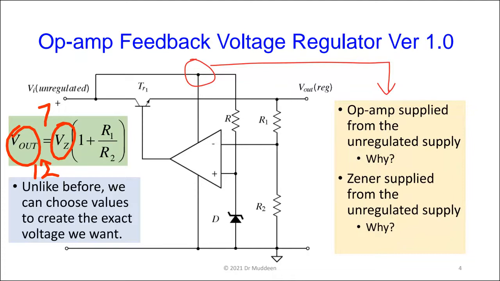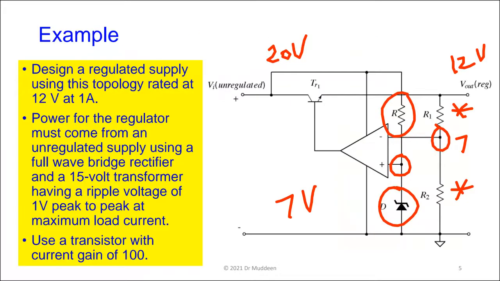So what I could do now is get a ratio of R1 to R2. I don't have a value as yet, but if I plug in the values for the particular problem that we have here, I get that R1 over R2, the ratio of that, is 5 to 7.